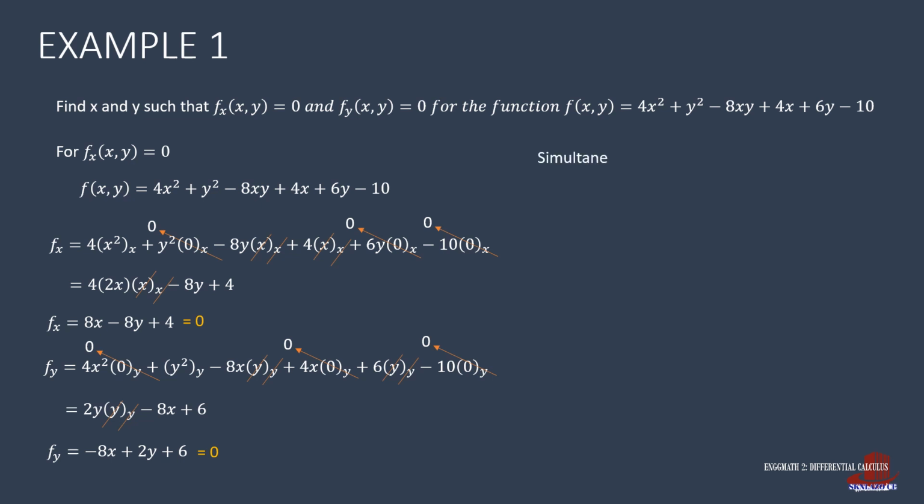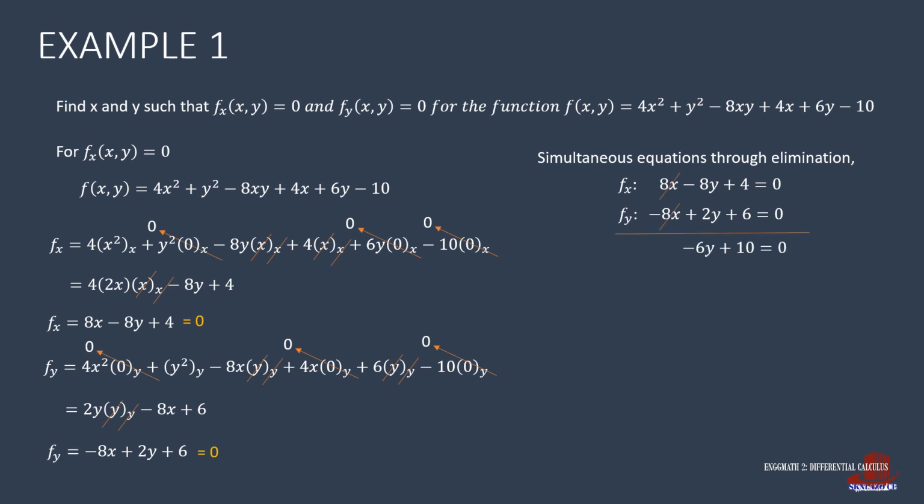With the two derivatives already figured out, apply simultaneous equations through elimination. That is, with f sub x and f sub y. By adding both equations, we end up with negative 6y plus 10 equal to 0. And we get y as negative 10 over negative 6, or that is 5 over 3.